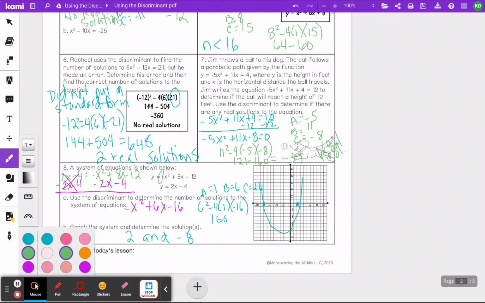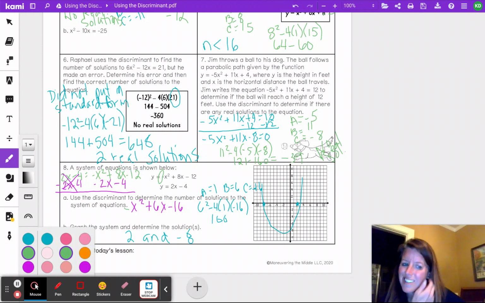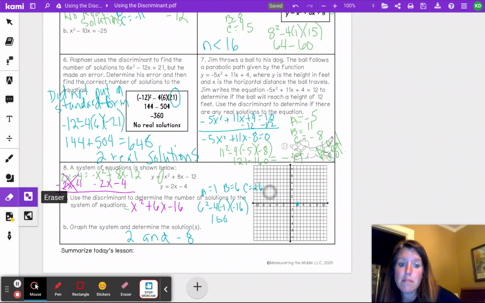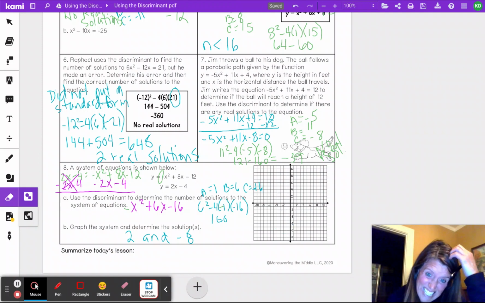And that completely changed it. Sorry, guys. I messed up my own thing. I forgot a sign. I forgot that A is negative 1.